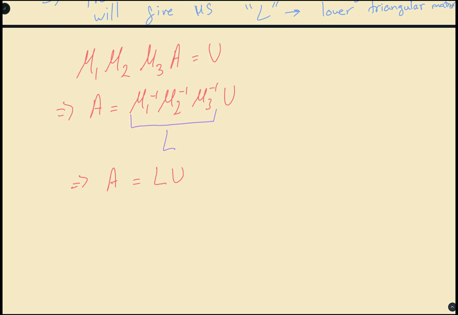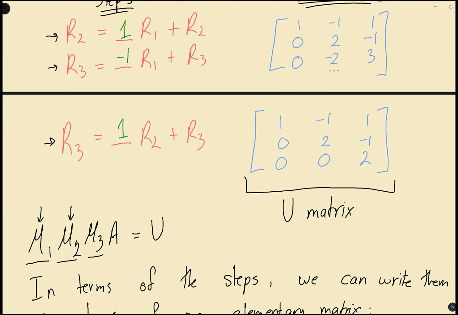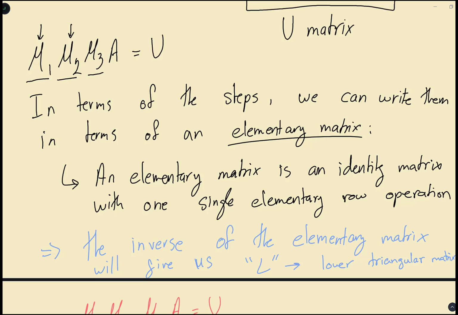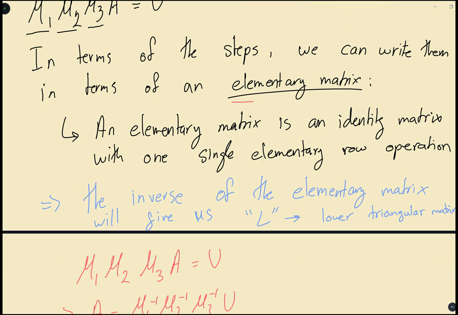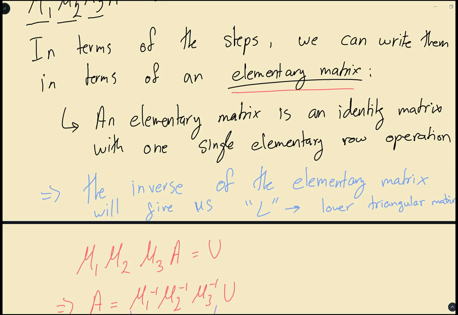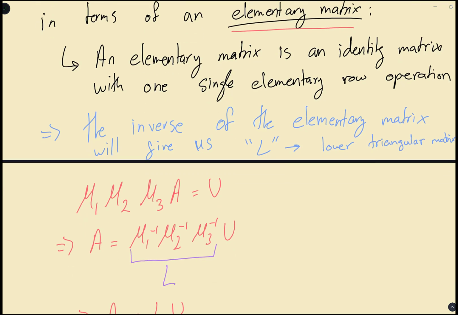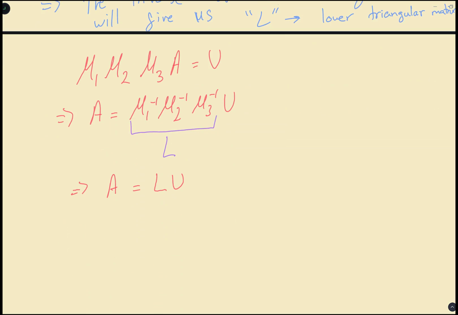So let's find L, given that we've done all these row operations here to get the upper triangular. And like we mentioned before, every one of these steps is what we're going to use to find that lower triangular matrix by developing these elementary matrices for each row operation, and taking the inverse of each one of these elementary matrices.